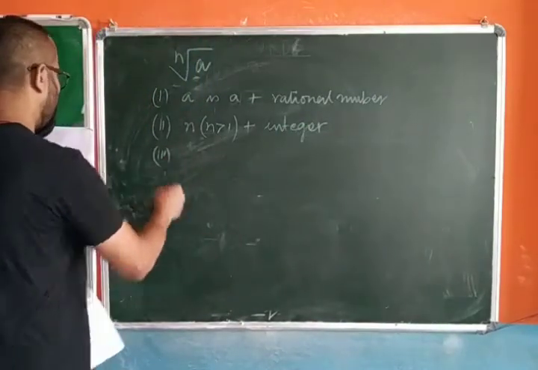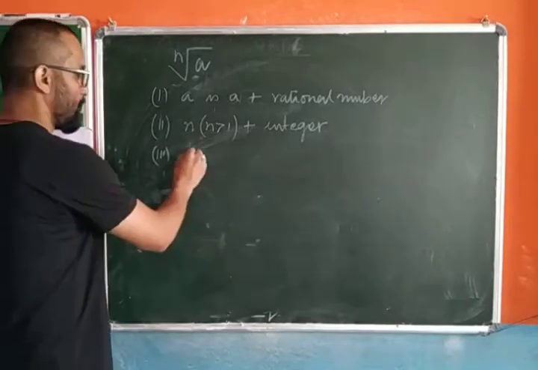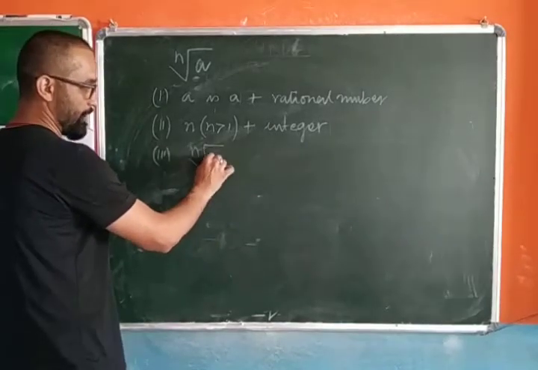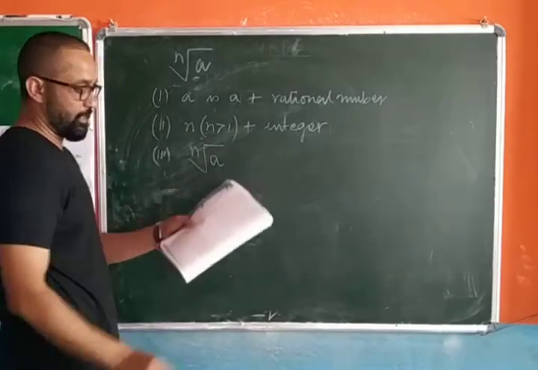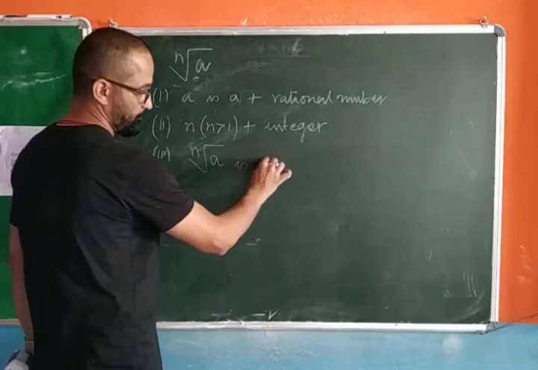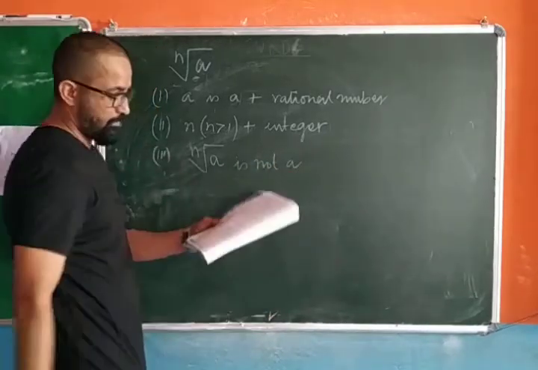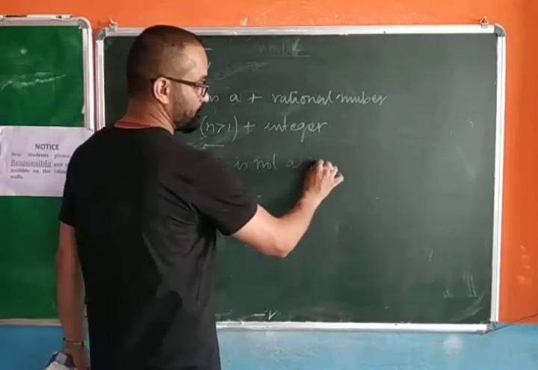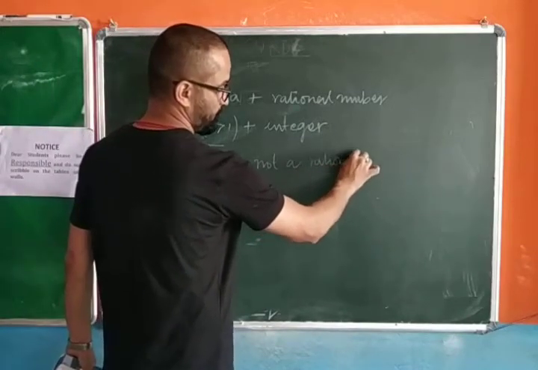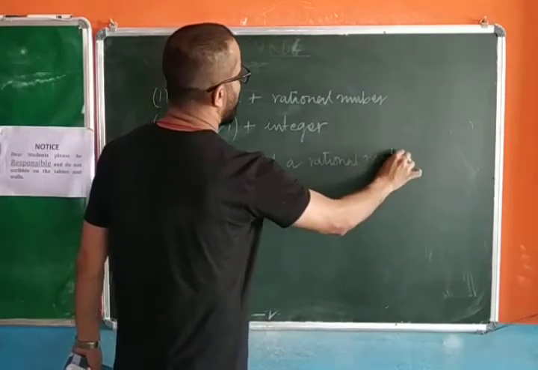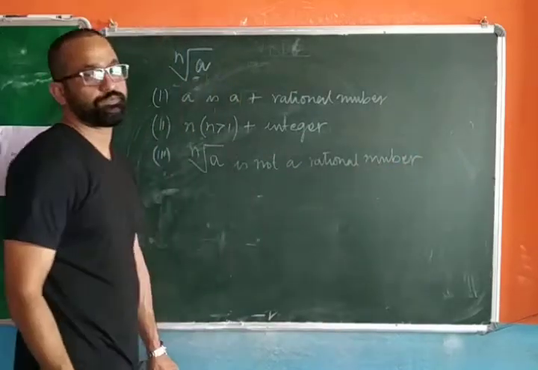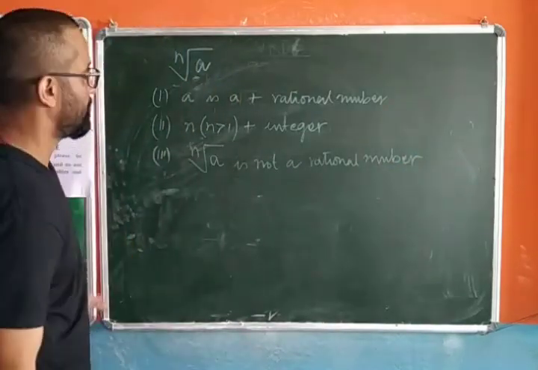And the third one, the nth root of a is not a rational number. It means that it has to be irrational.